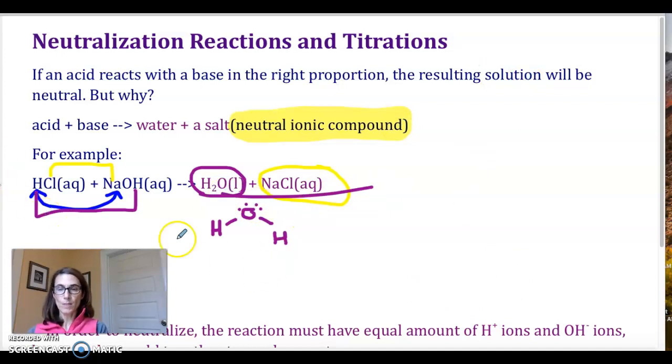So that's what happens in an acid-base reaction. The positive hydrogen ion is bonding with the negative hydroxide ion from the base, and you're getting that H2O. And then the positive ion that was bonded to OH ends up being bonded to the negative ion that was bonded to the positive hydrogen ion from the acid, and that's where the salt comes from. So it's just a double replacement reaction.